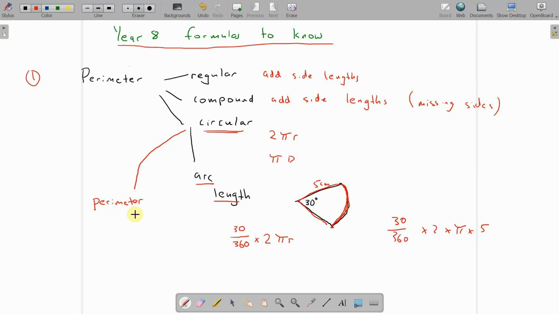So the perimeter of a sector, which is what that is, you'd firstly find the arc length, and then add these two bits here, the two radii, plus 5, and that'll give you the whole lot. So that's basically perimeter.